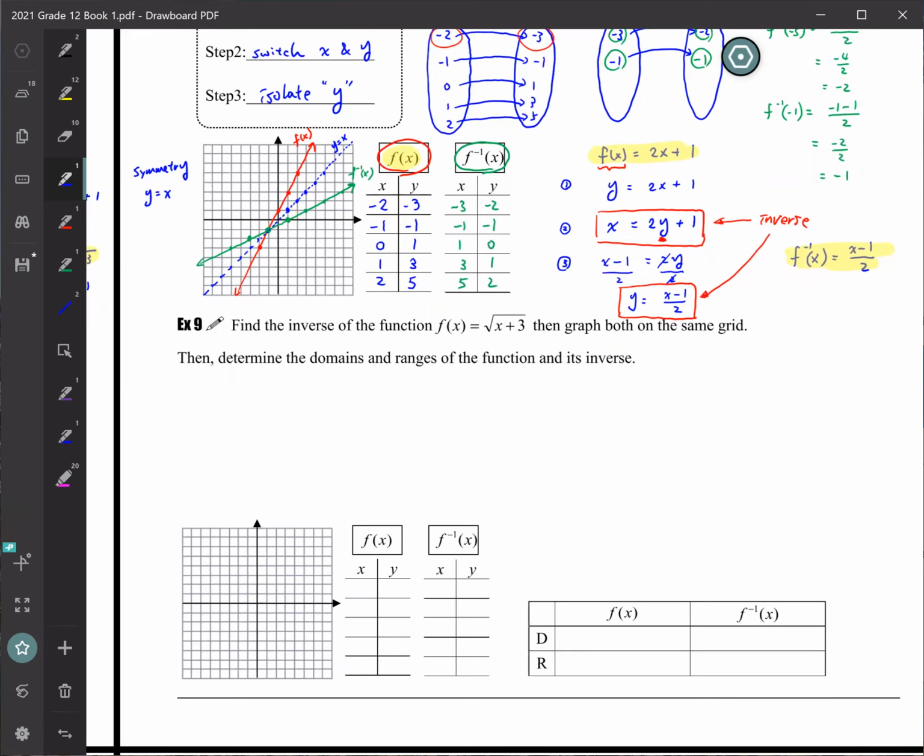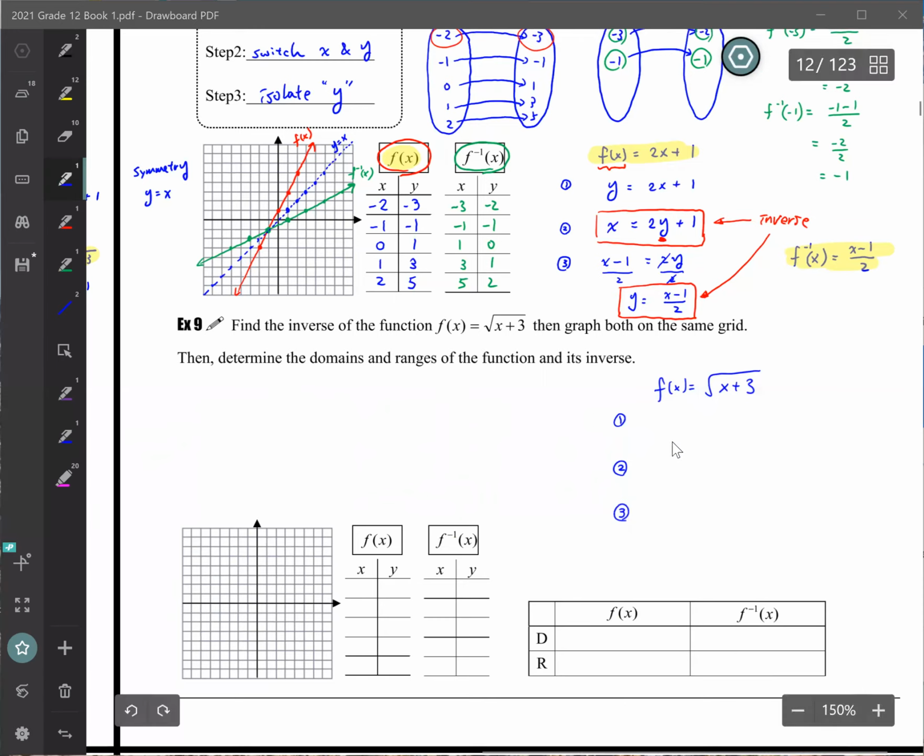We can do it on the side. f of x equals square root of x plus 3, and then do steps 1, 2, 3. I'll let you try this one by yourself. Go as far as you can. This one has a square root, so it might be a little bit difficult, but it's possible.